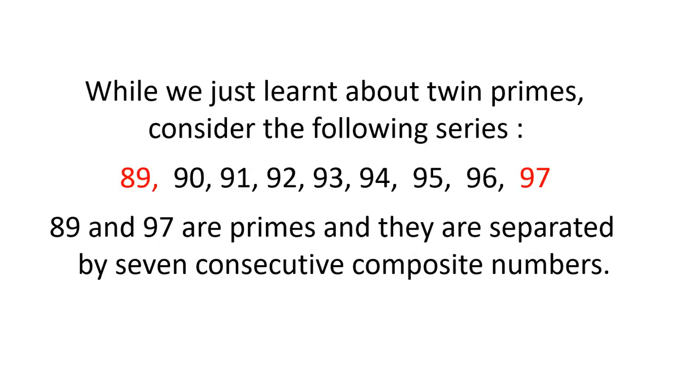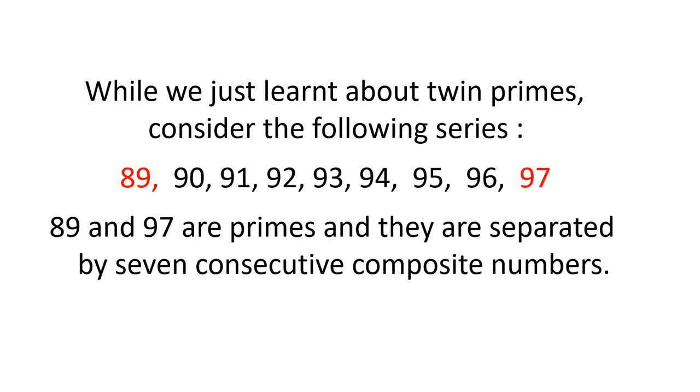While we just learnt about twin primes, consider the following series: 89, 90, 91, 92, 93, 94, 95, 96, 97. 89 and 97 are primes, and they are separated by 7 consecutive composite numbers.